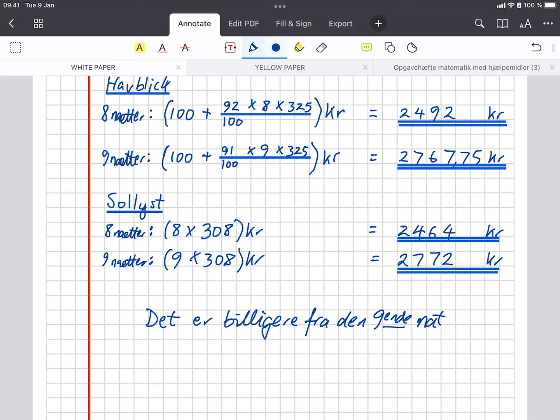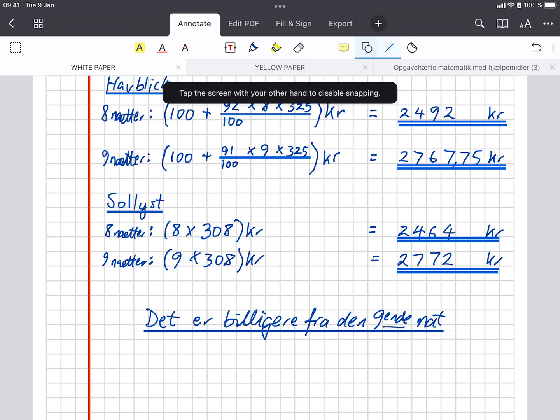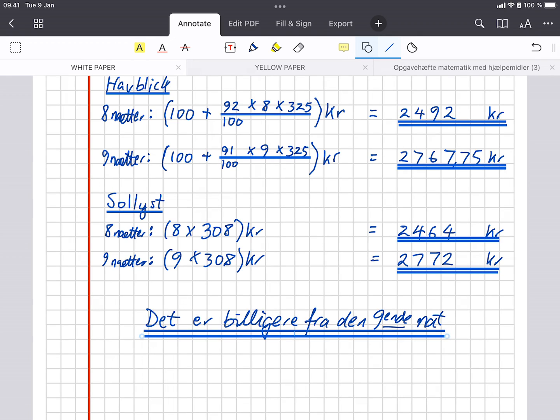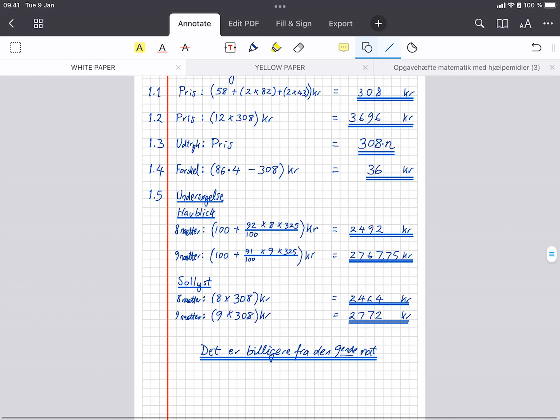That it's cheaper from the 9th night. So I guess I'll double underline that, because that's a final answer too. And that's that question answered.